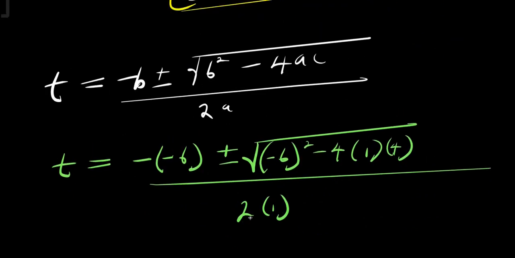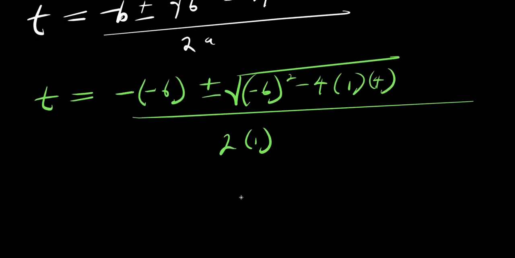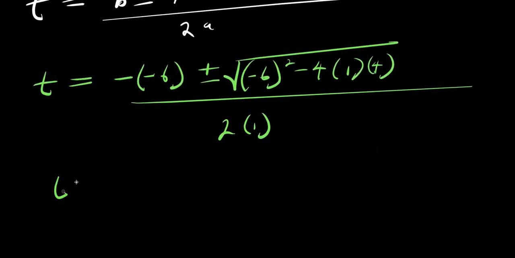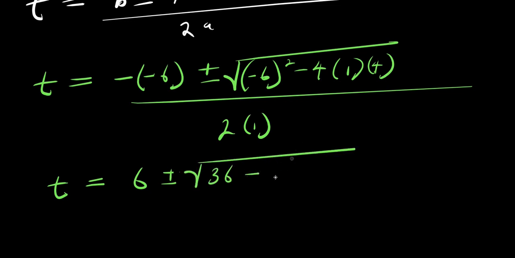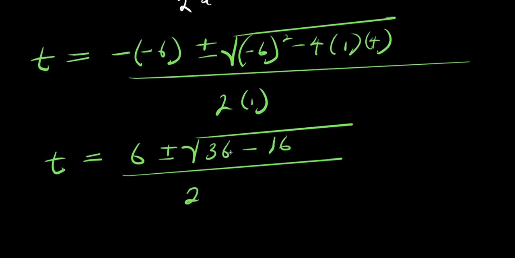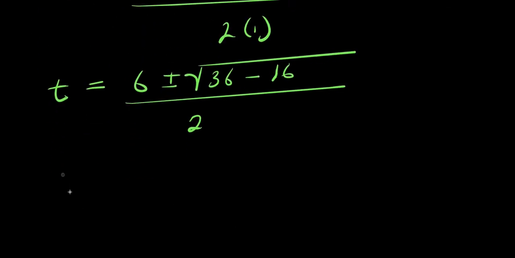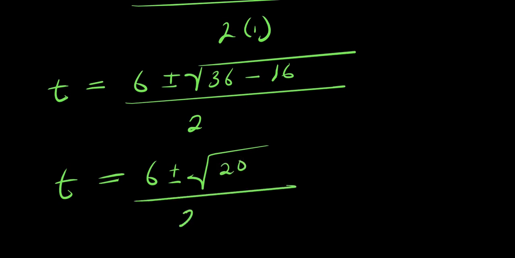Our a is 1, right? Good. So from here, I'll have t equals 6 plus or minus square root of 36 minus 16, divided by 2. So from here, I have t equals 6 plus or minus square root of 20, divided by 2.